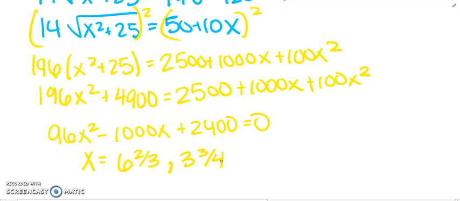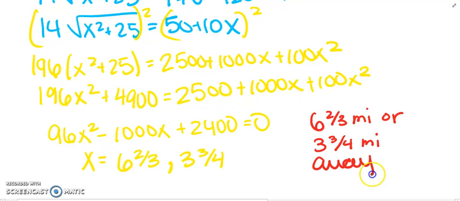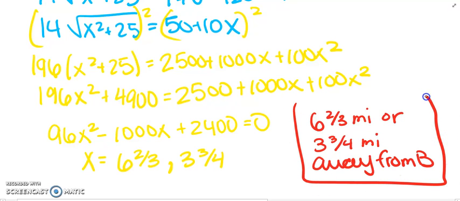So it could be either one, and we don't know. So your answer is that it can be either one. It could be 6 2/3 miles, or 3 3/4 miles away from B. And either one would allow the bird to use exactly his reserve energy of 170 kilocalories.